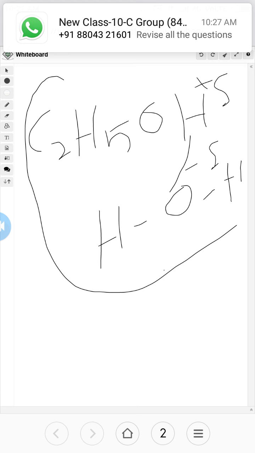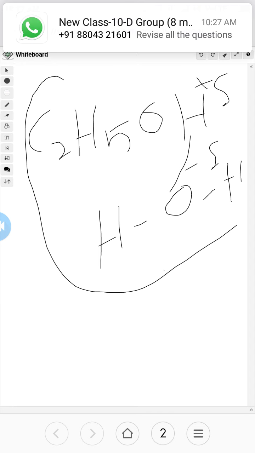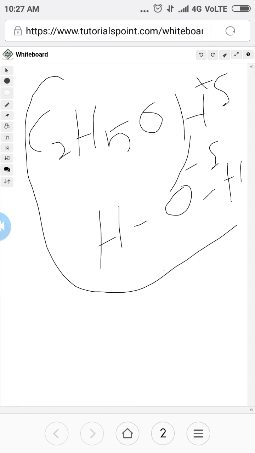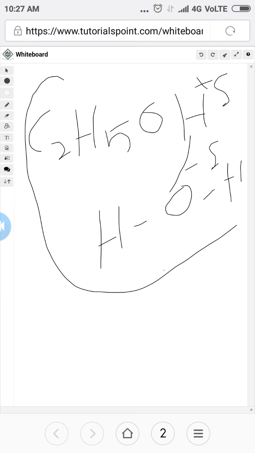In the case of dissociation, the number of solute particles increases, the molar mass of each particle decreases, and the colligative property increases, because colligative property is directly proportional to the number of solute particles. In the case of association, the molar mass of the particles increases, the number of particles decreases, and thus the colligative property decreases. We repeat again: in dissociation, colligative property increases; in association, it decreases.